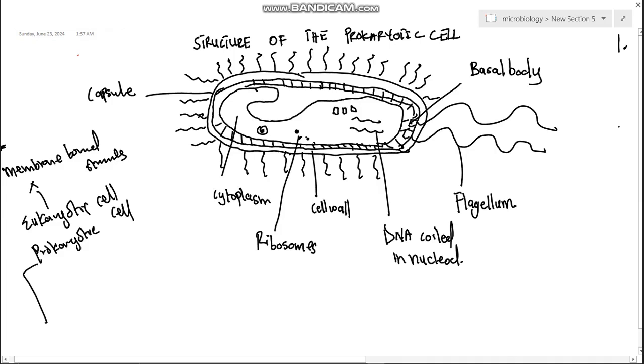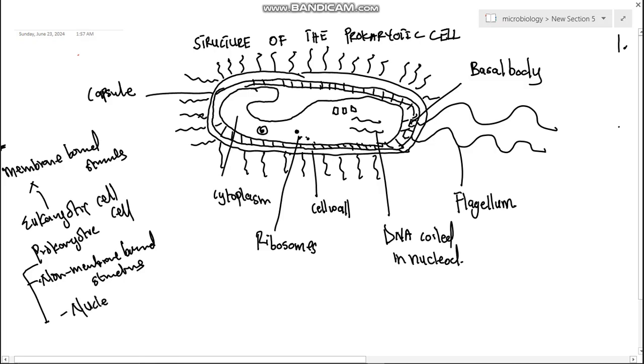But the prokaryotic cell is non-membrane bound. So they don't have membrane bound structures, and their nuclear materials are scattered in their cytoplasm.